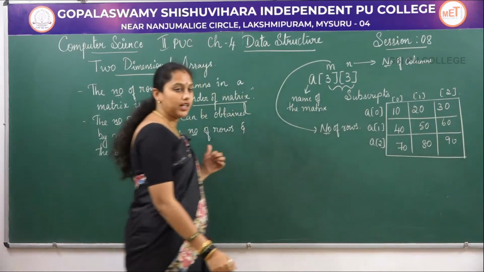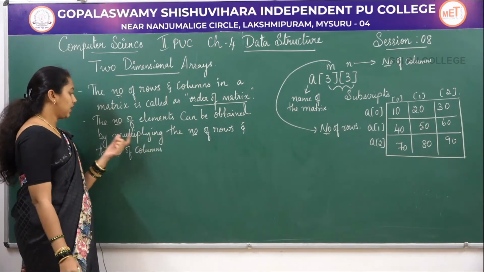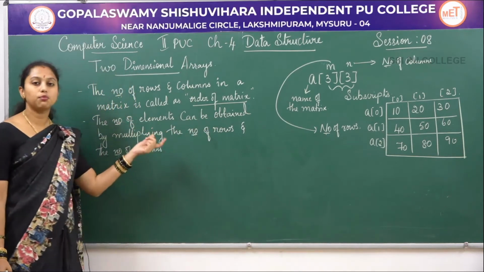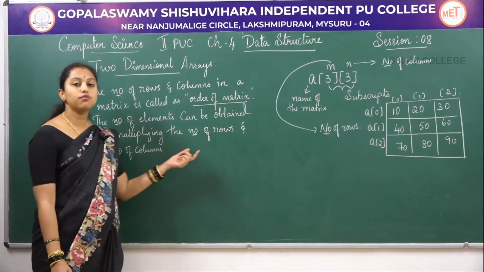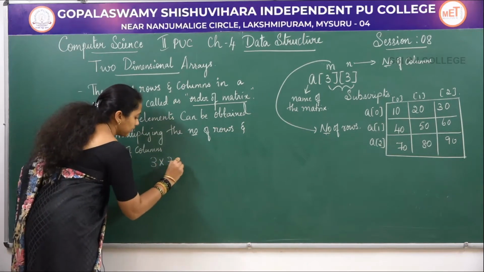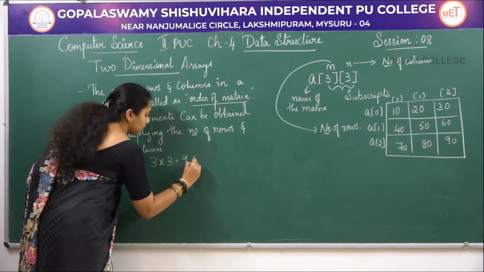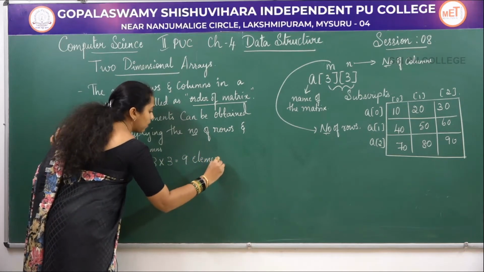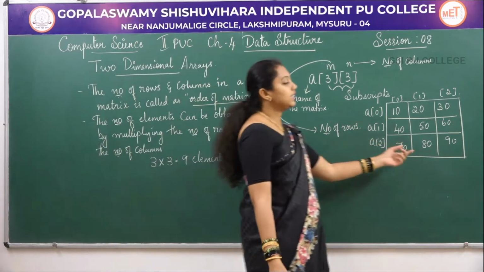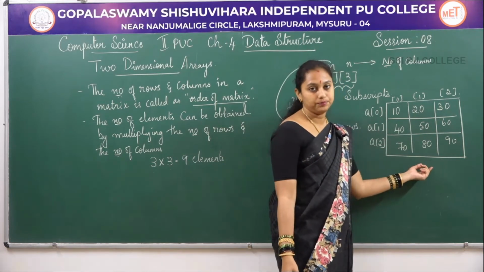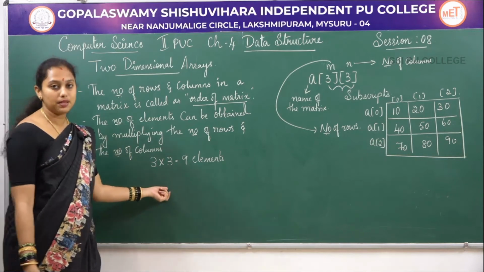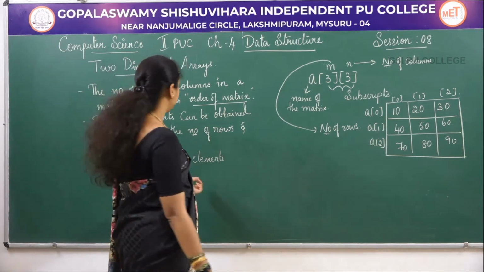How to calculate the number of elements in a matrix? It is obtained by multiplying the number of rows and the number of columns, that is 3 into 3. So 3 3s are 9. So in an A of 3 cross 3 matrix, I can store 9 elements. This is how we can calculate the number of elements in a matrix.